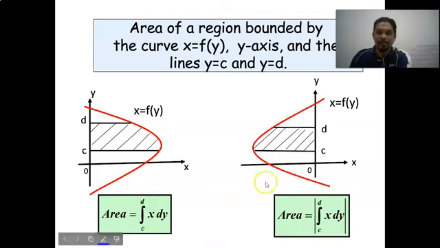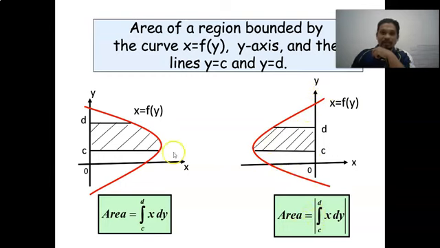Just like just now we were talking about the area below the x-axis, now it's talking about the area on the left side of the y-axis. Left side of the y-axis, the area will become negative, and this one is positive.